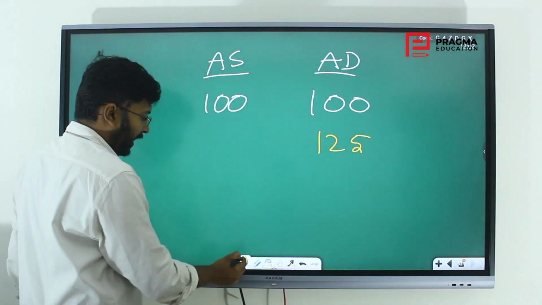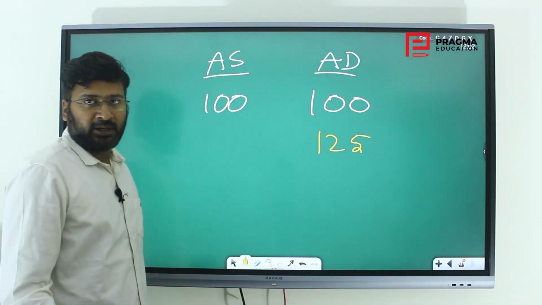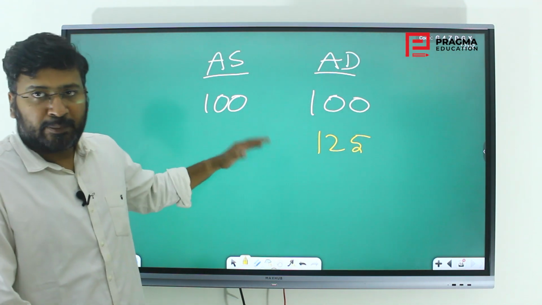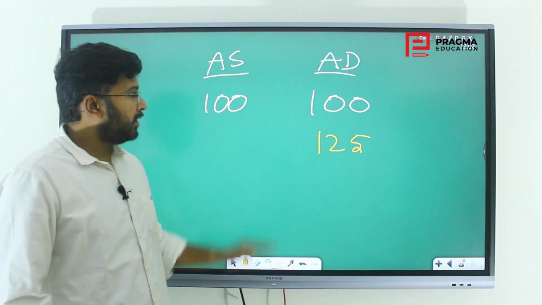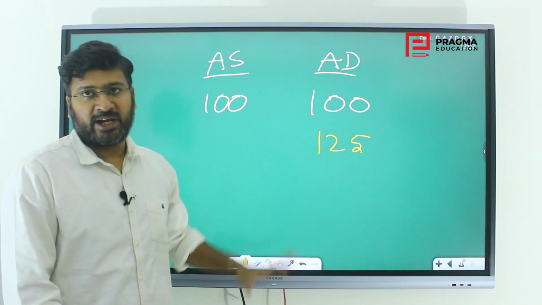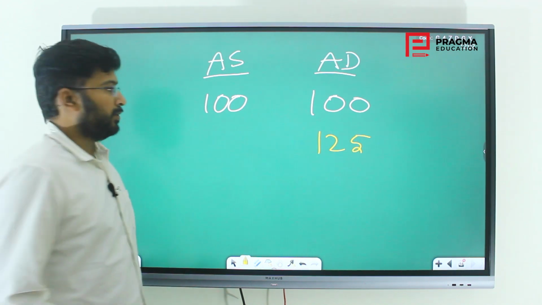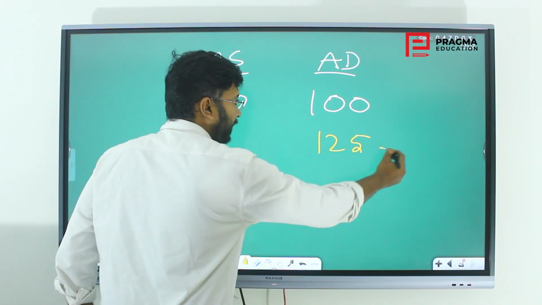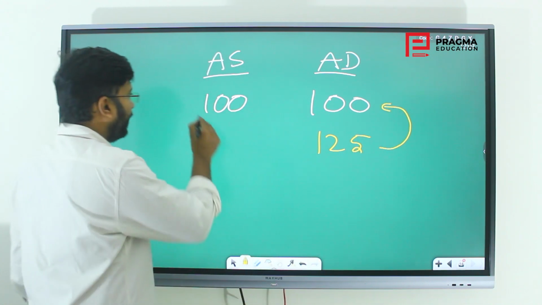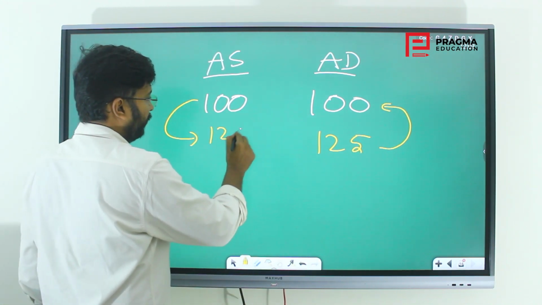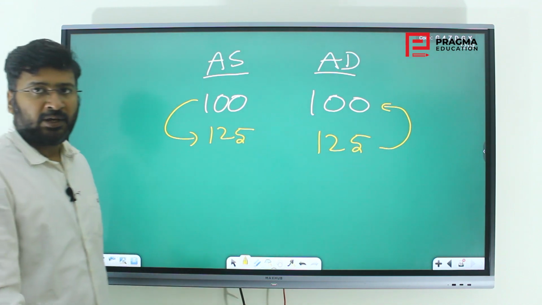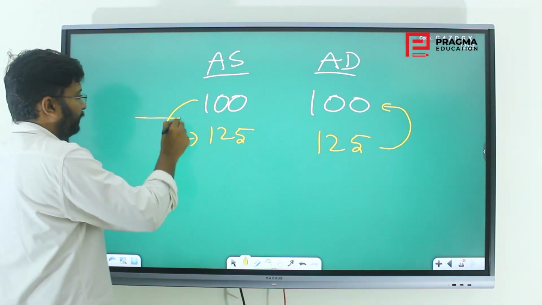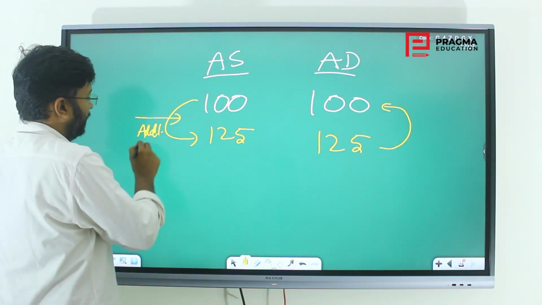When the supply is still 100, there is inflation. So if you want to stabilize the prices again, you want the equilibrium state to be achieved again, there are two possibilities. You take the demand to 100 back again, or you get the supply to 125. How? Through additional capital.